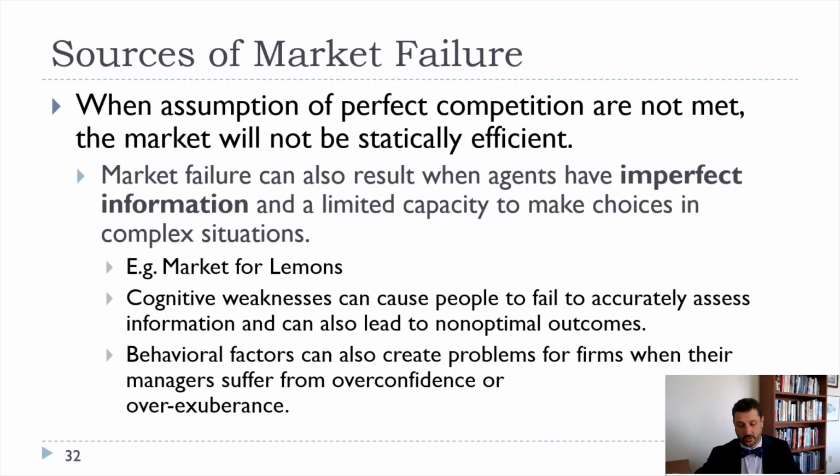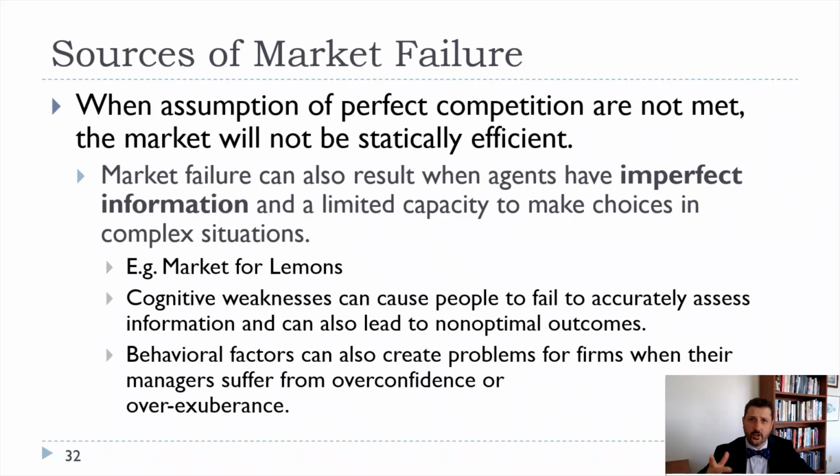If the buyer can't figure out the quality of that car, then the buyer is going to assume that it's lower quality. That pulls all the higher quality used cars out of the market, leaving only lower quality cars. That means that consumers are going to be even less likely to buy those cars, and the market fails to exist.